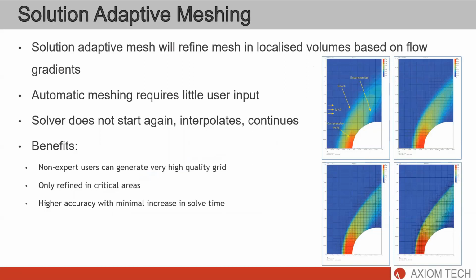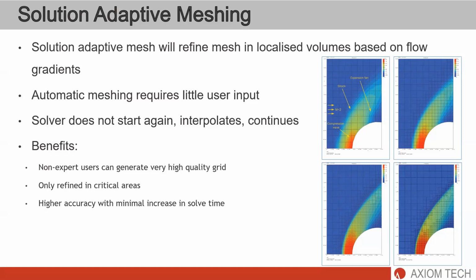One of the most powerful aspects of SIMCENTER FloEFD is the solution adaptive meshing capability. The mesh will refine itself during the solve to add additional grid cells where high flow gradients are detected. This is something very few codes can do, and it's a result of our unique meshing scheme. This is an automated process and requires very little user input.